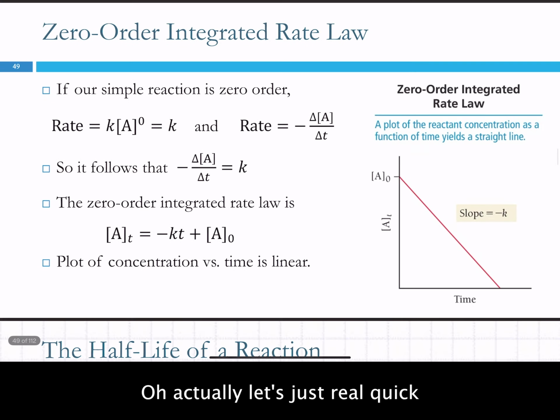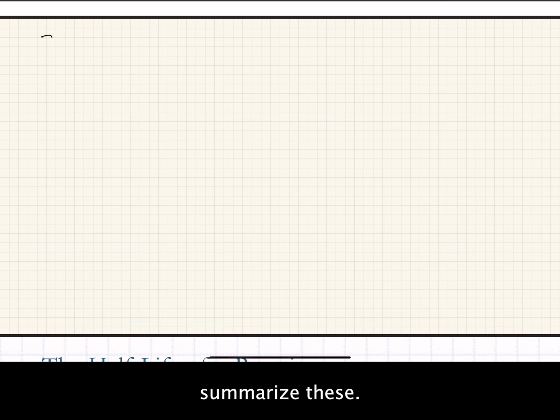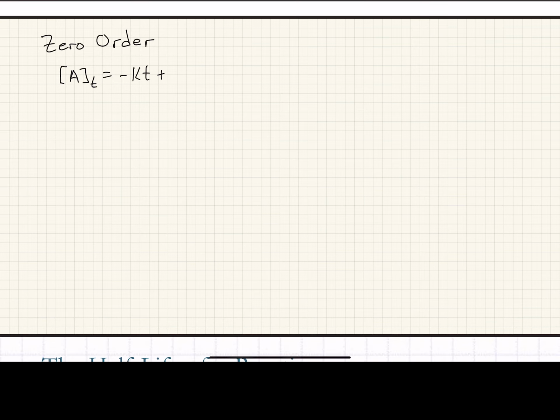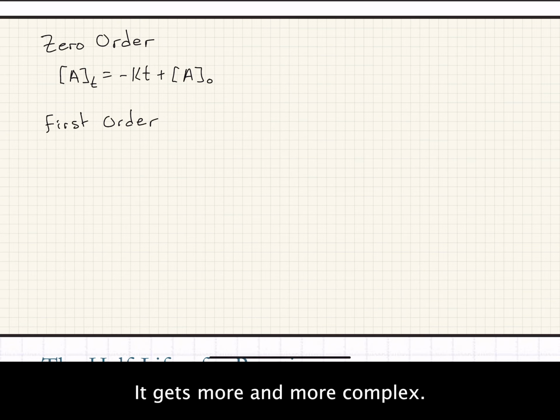Actually, here, let's just real quick summarize these. So the zero order is just concentration. First order, and in my mind, as you go zero order, first order, second order, it gets more and more complex.